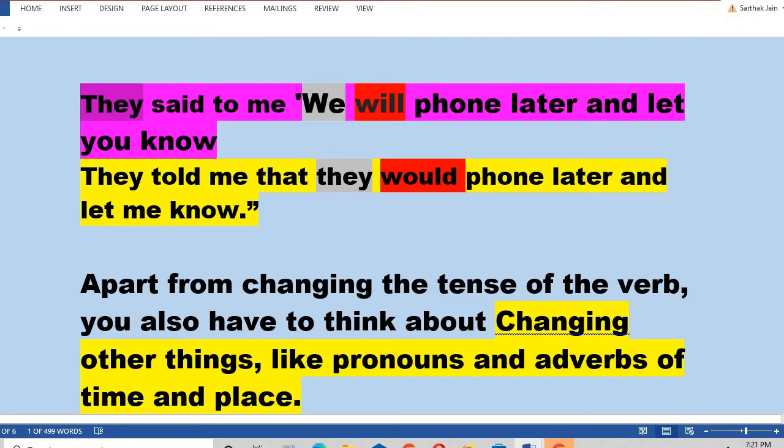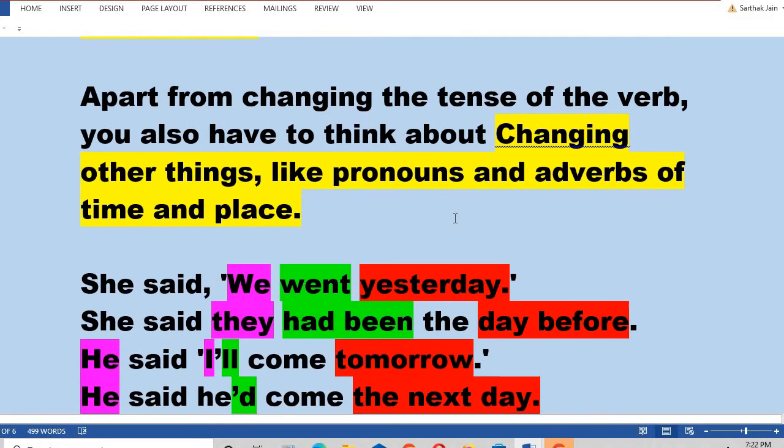Now will is the verb of the simple future, will convert into would, and nothing else to remember here, the rest will remain. And yes, one more change is here, let you know. Now you see students, you is the pronoun of the second person, and that will change according to the object, and the object here is me, first person. So then you will convert accordingly, that will convert into me. Hope you are getting clear.